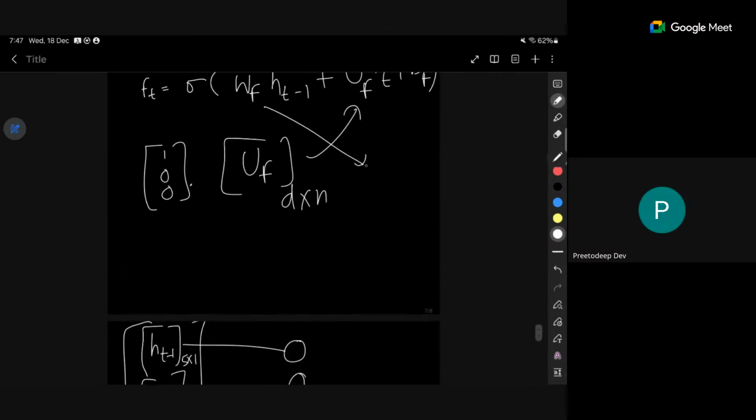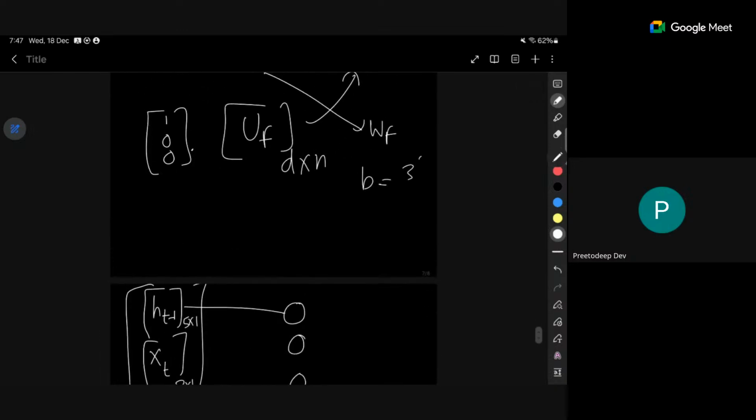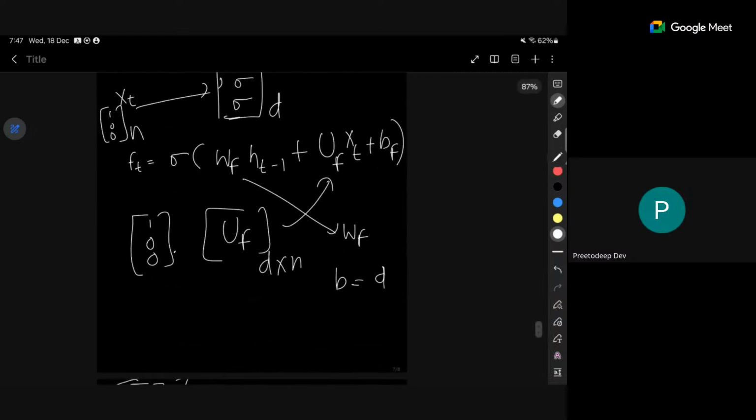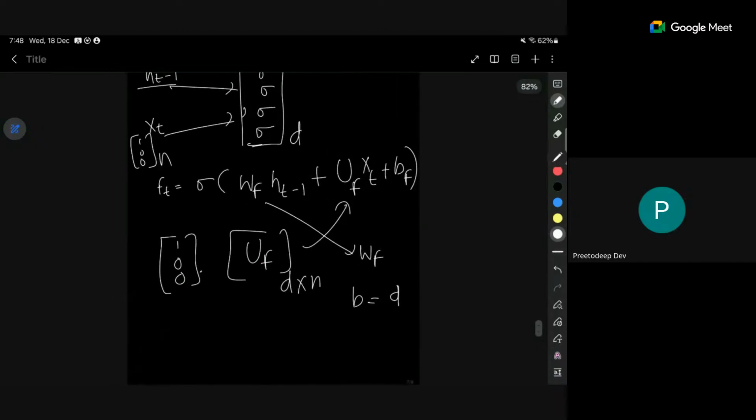So that many you will require of WF. Then BF will be something: how many neurons are there? 3 cross 1, right? 3 cross 1 in this case. Or sorry, I used 4 there. So whatever D is, D cross 1 will be the dimension of B.